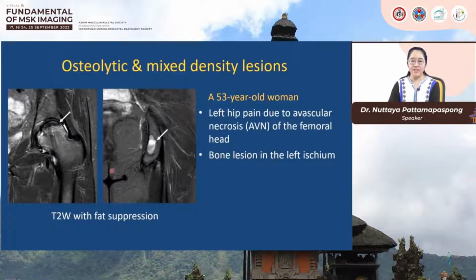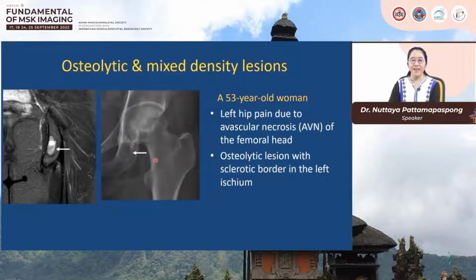Another lady came for evaluation of hip pain due to avascular necrosis, but we found this lesion on MRI. On MRI, that heterogeneous lesion is an osteolytic lesion with sclerotic border that has a faint ground-glass appearance, typical for fibrous dysplasia as well.